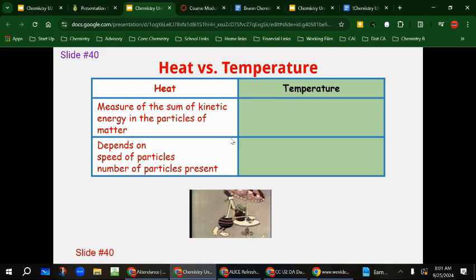Kinetic energy still depends on what two things? Wow, I was hoping we would do better than this, considering this was the first question we started the day out with. Kinetic energy depends on what two things? Mass and velocity.